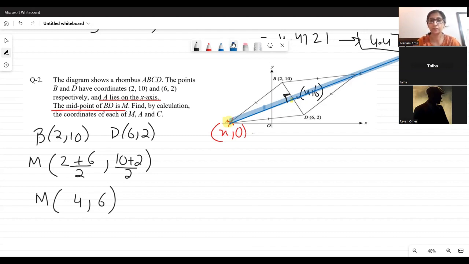Now to find this equation, can you find the slope of BD? Give me the slope of BD. What's the slope of BD? It's y2 minus y1 over x2 minus x1.